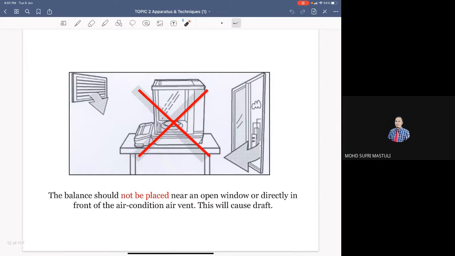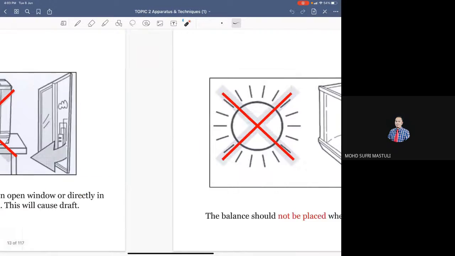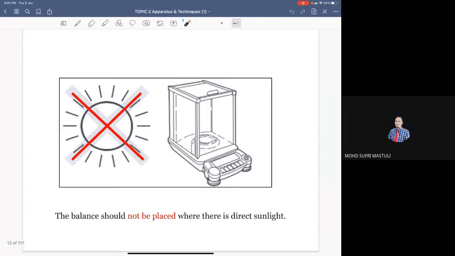Also do not place the balance directly in front of an open window or under the air conditioning air vent, because this phenomenon will cause drafting.